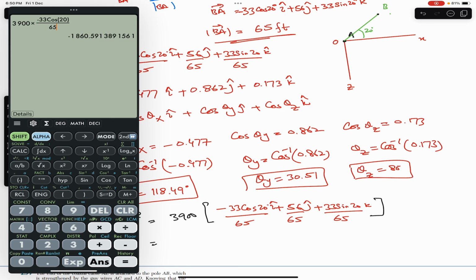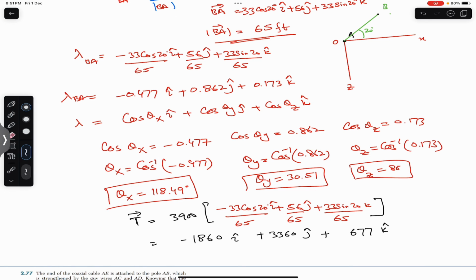So that is equal to minus 1860.59, or let's say this is 1860 i. Then we have 3900 into 56 divided by 65, this is plus 3360 j, and then we have 33 sine of 20 divided by 65, so that gives us 677 k.